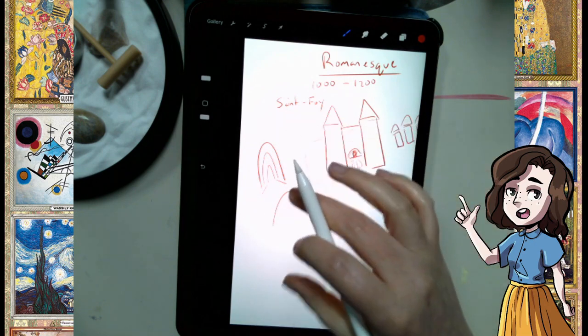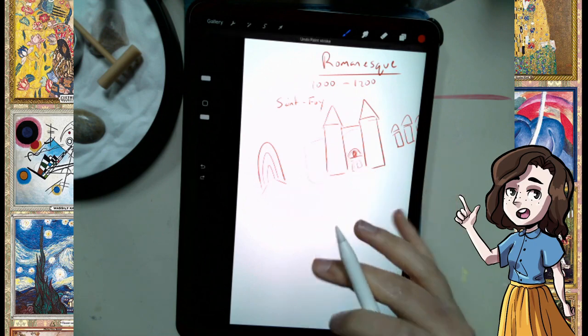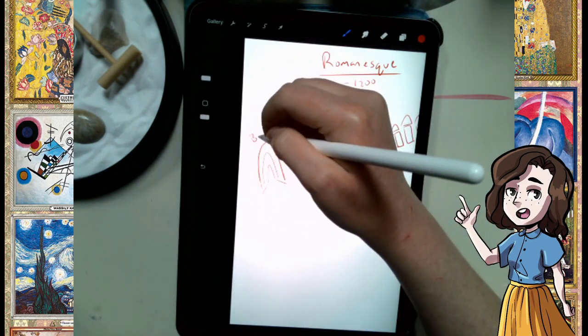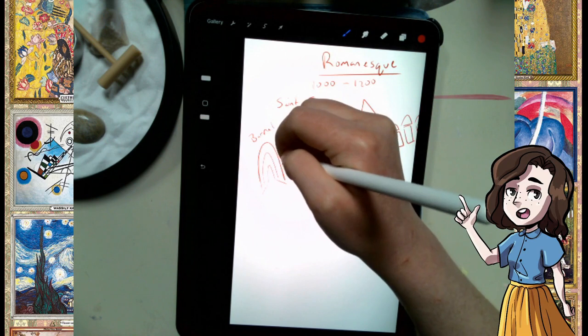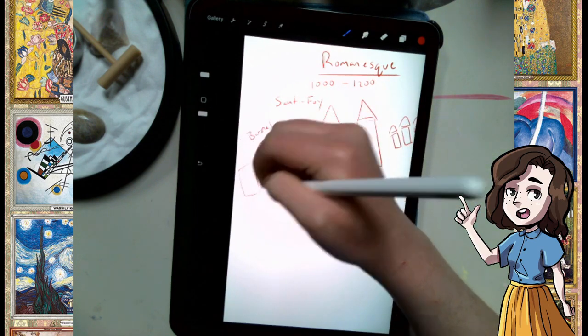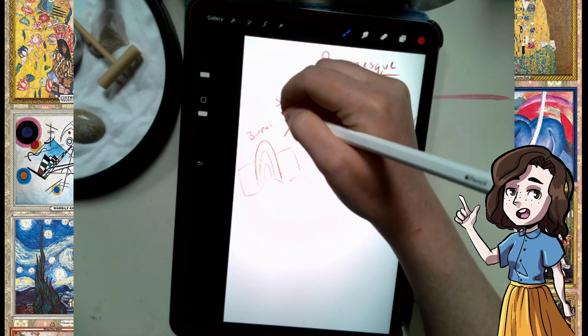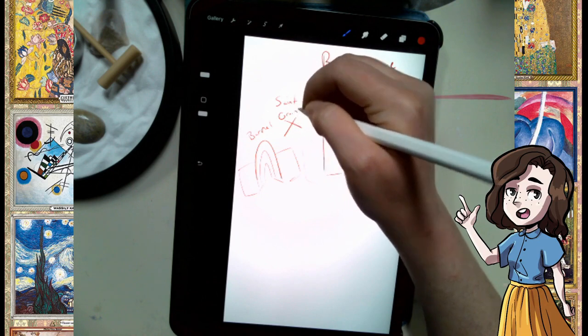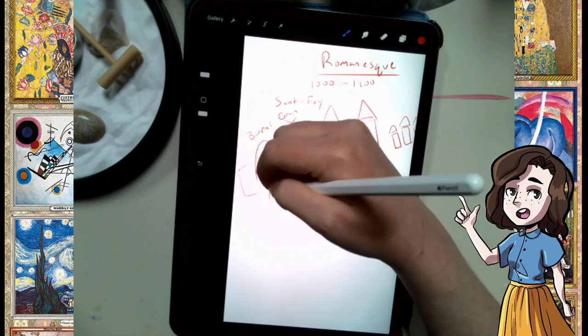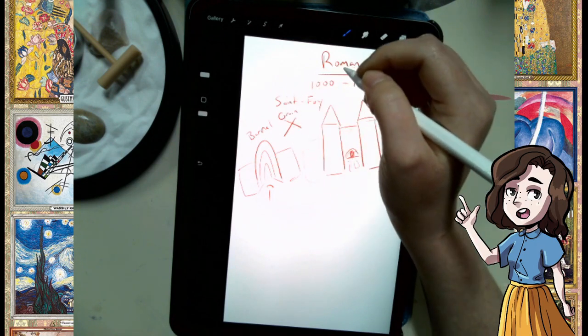Put a bunch of arches next to each other down a corridor, and boom, now you have a barrel vault. Anytime a barrel vault is going to intersect with another one, that intersection of the two vaults is known as a groin vault. Romanesque is more about this big barrel vault nave. We're going to come back to the groin vault.